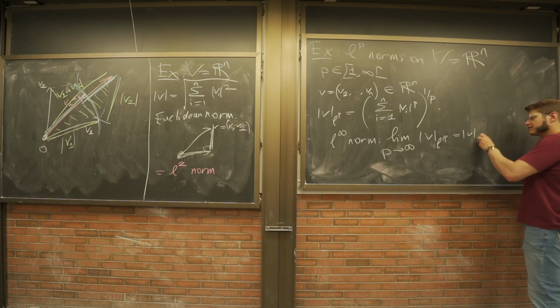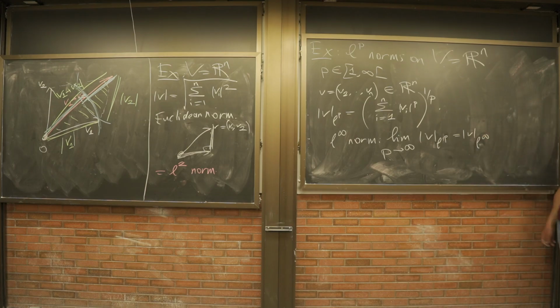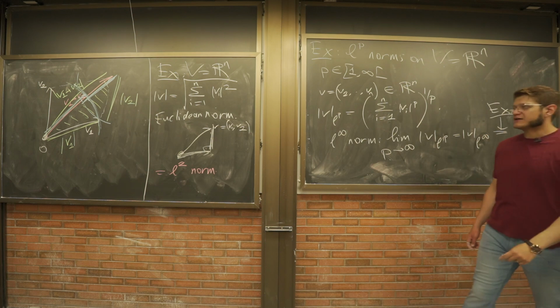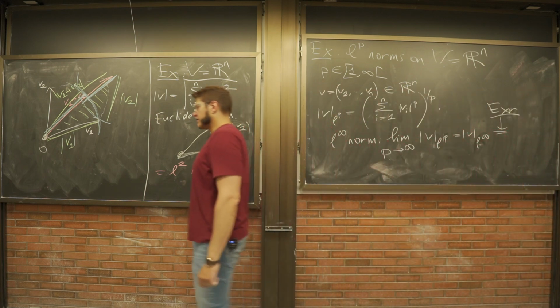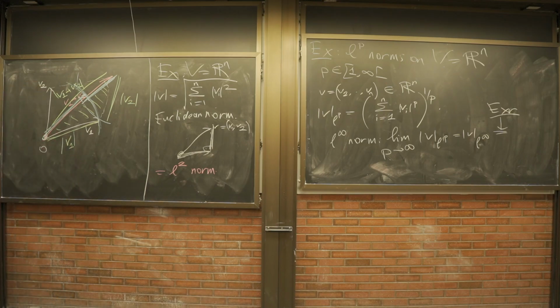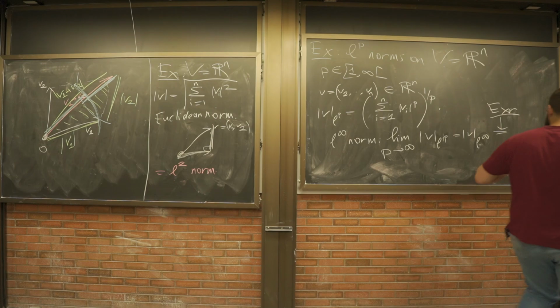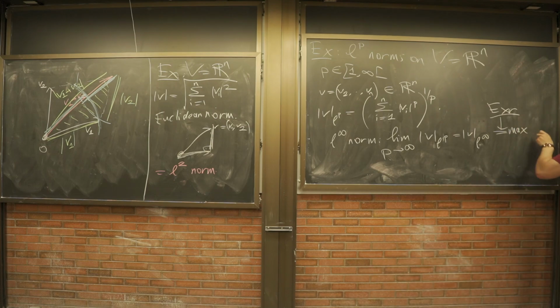This is denoted by the norm of v with a subscript L infinity. I'm going to leave this to you as an exercise, it's a very nice exercise. This is a very nice expression, even though a bunch of limits are involved. It's nothing but the max of the components, the max of the absolute value of vi, where i varies between 1 and n.